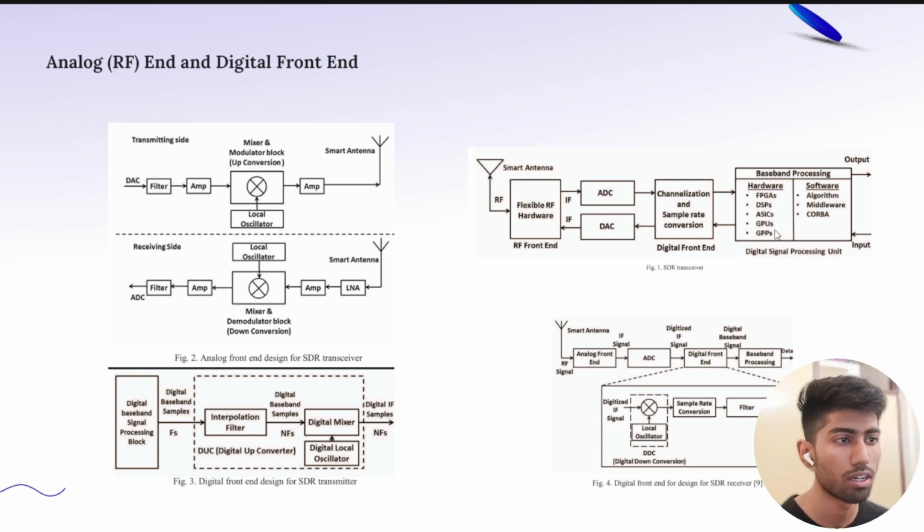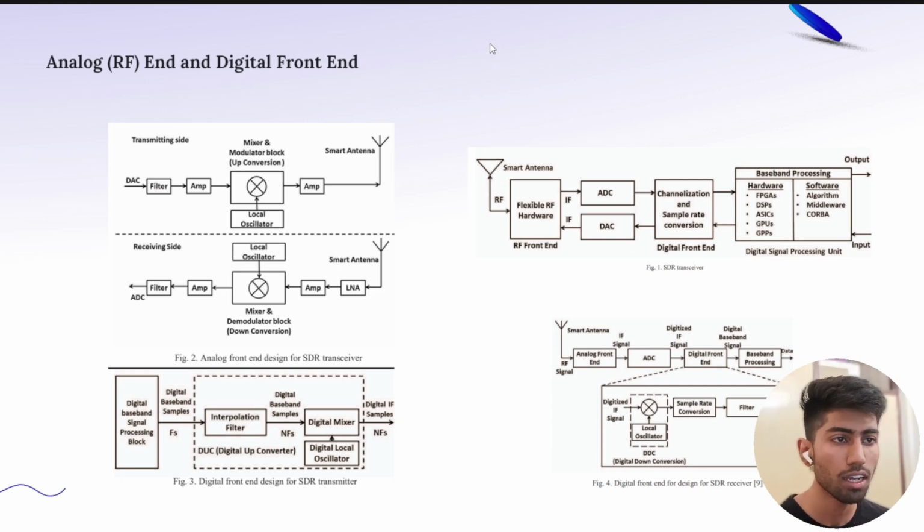These do the hardware processing, and then it goes into the digital front end for transmission, where it does channelization and sample rate conversion. Then it goes through the digital to analog converter. Then the RF front end does all the hardware part, amplifying and filtering. Then it is transmitted through a smart antenna.